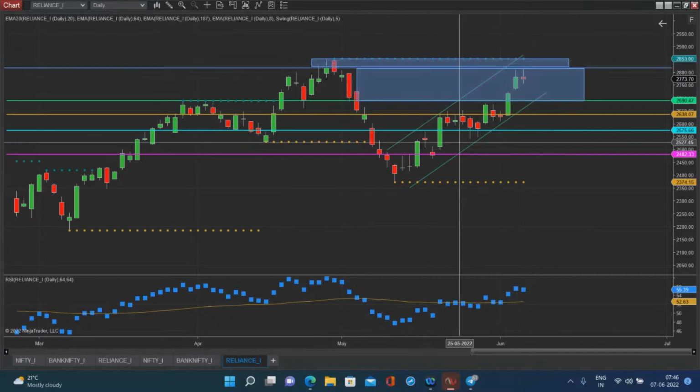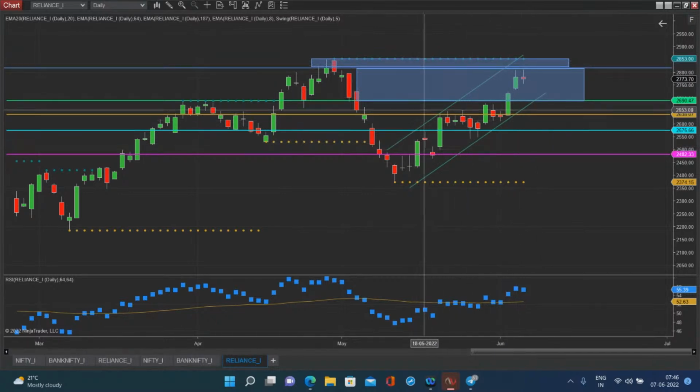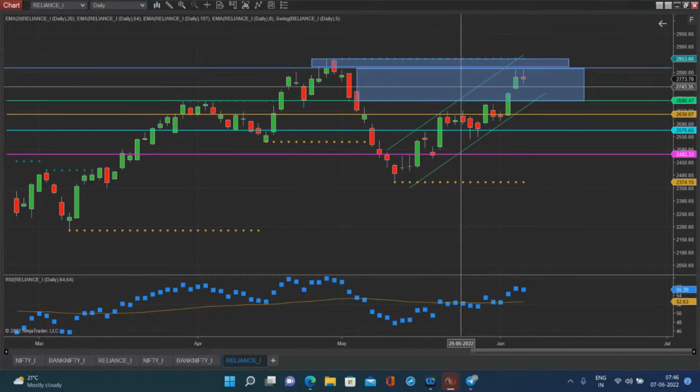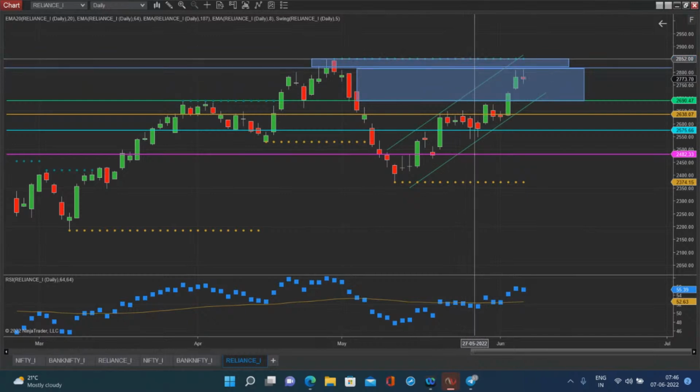Always remember, whether it is intraday or positional, your stop loss should be very small. The first indication that your trade is a failure or can be a failure is that your stop loss is large. For example, if I am shorting the stock here right at 2773 and keeping a stop loss of, say, 100 points, for a futures contract that is almost 25,000, which is not worth it.